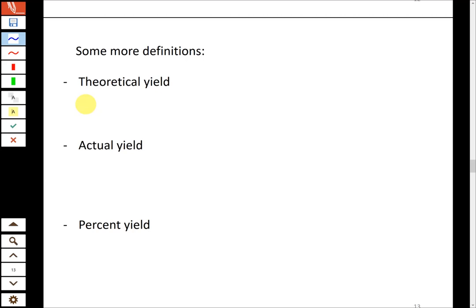So theoretical yield is the maximum amount of product that can be obtained if all of the limiting reactant is consumed. Basically, this is what you calculate in a stoichiometry problem. So in the last 2 problems, we calculated how much product forms once we identified our limiting reactant, and the amount that you calculate is what's called the theoretical yield.